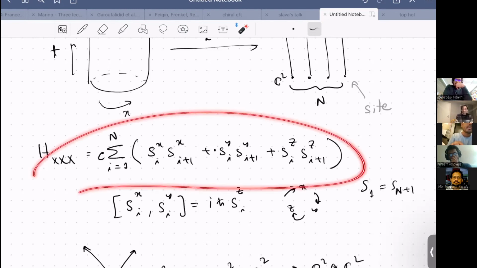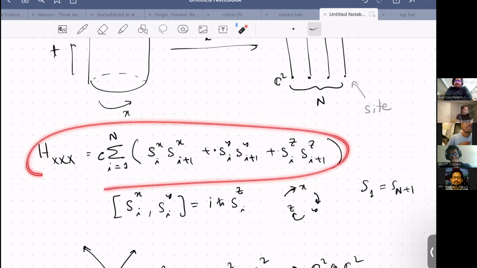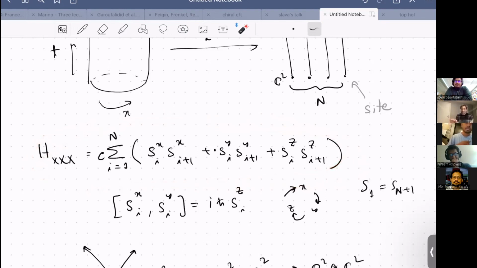But this tells you that in those gauge theories where there's a one-to-one mapping between certain operators of that gauge theory and the eigenstates of this Hamiltonian, you can compute whatever you want with those operators by mapping the problem to the spin chain and computing that thing in the spin chain. So this then becomes a very powerful tool for computation in gauge theories. That is why we care about spin chains. And these mappings between spin chains and gauge theories are fascinating. So hopefully I will talk about it another day.